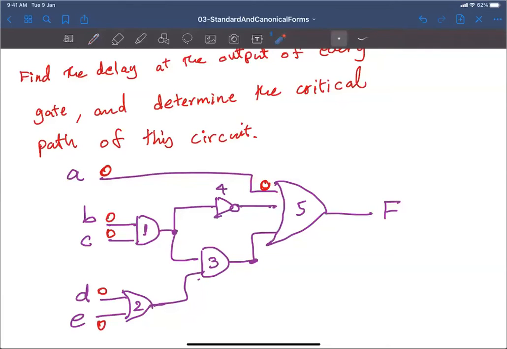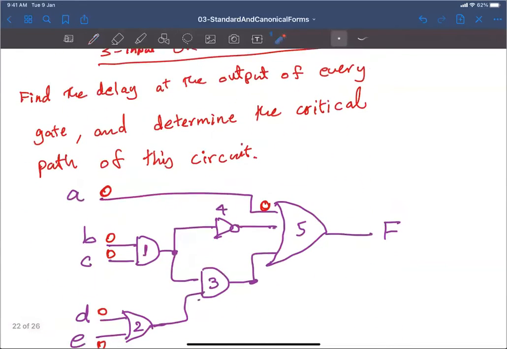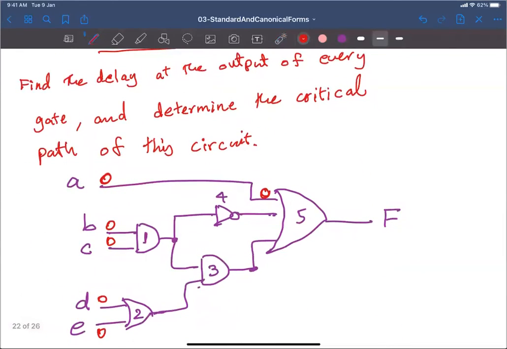The delay across this AND gate is nothing but the given value in the table, and that is 2 nanoseconds. Since this wire is the same as this and this, this 2 will propagate here and here as well. Is this clear?